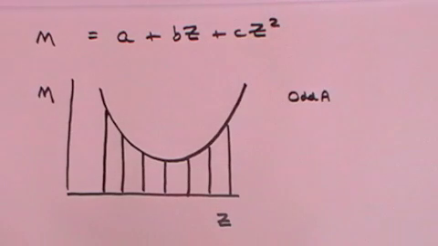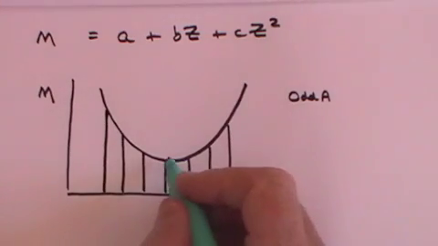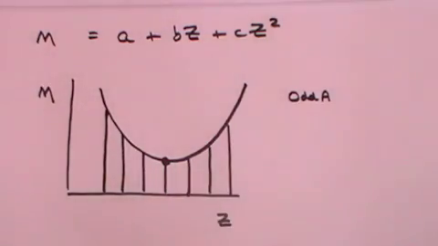And what nature says is, I want to occupy the lowest level. So, for any given A, which in this case is odd, this value of Z is the one that's going to give you that stable nucleus.